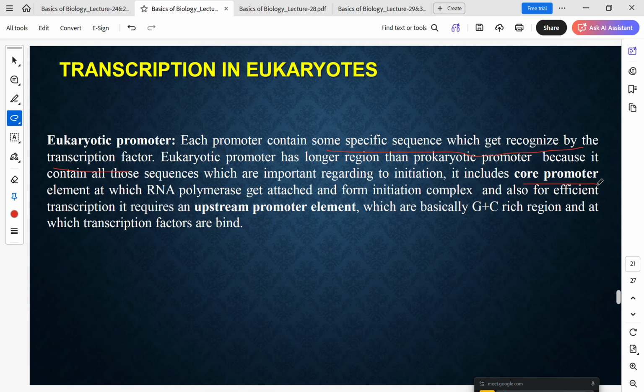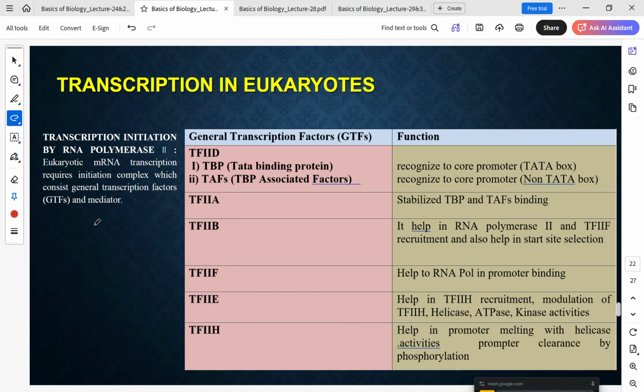There is a core promoter where RNA polymerase gets attached to form the initiation complex, and there is also an upstream promoter element or UP, which is essentially a GC rich region. So all of the transcription factors bind here, then scan the sequence for the core promoter element where they start unwinding the DNA.